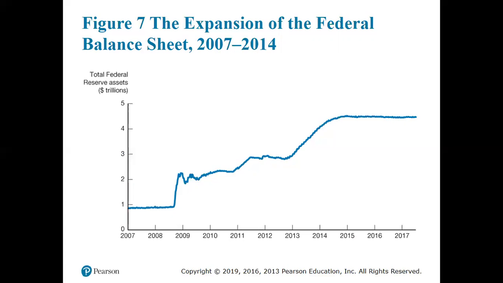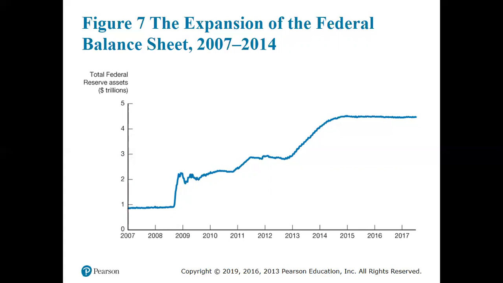Well, we know in October of 2008, in response to the financial crisis, they started making a lot more loans to bail out banks, and made other lending, which we've just been talking about, available to banks and non-banks.